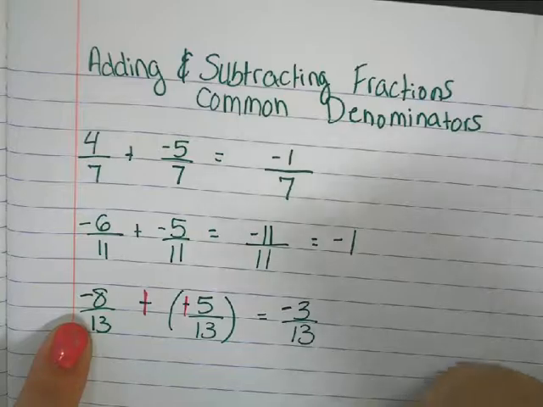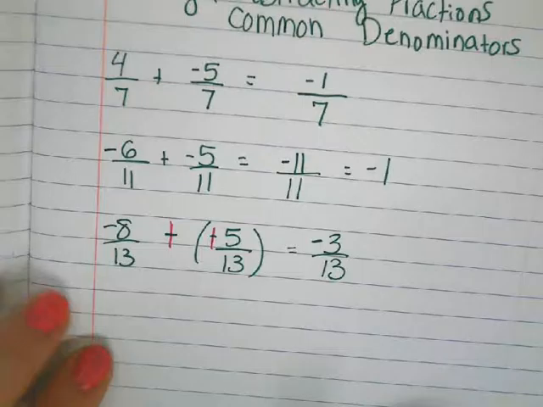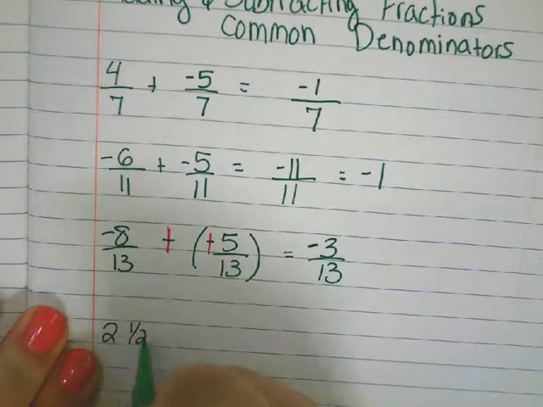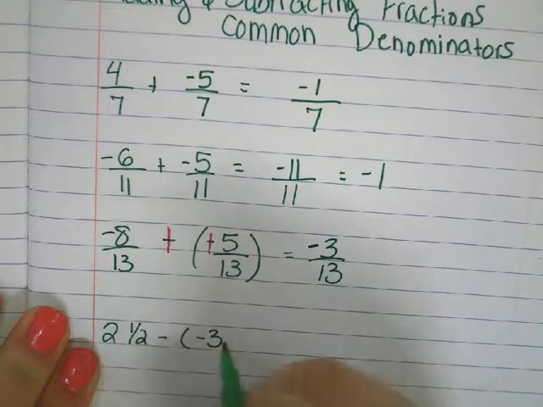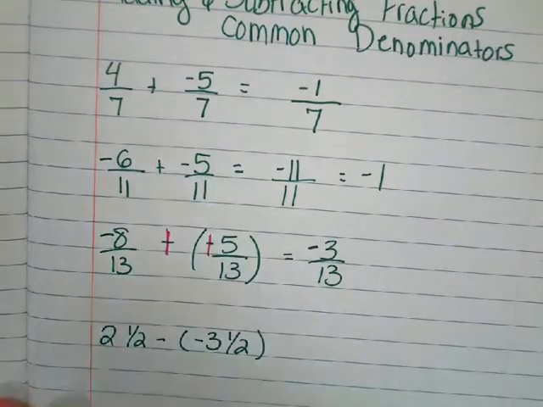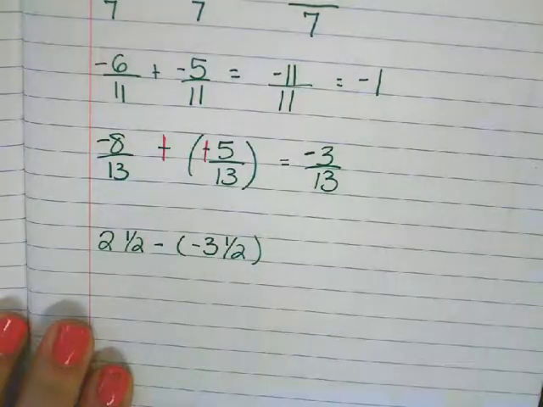Any questions on those? I always try it with mixed numbers. 2 1/2 minus a negative 3 1/2. So first thing I like to do is change them to improper.